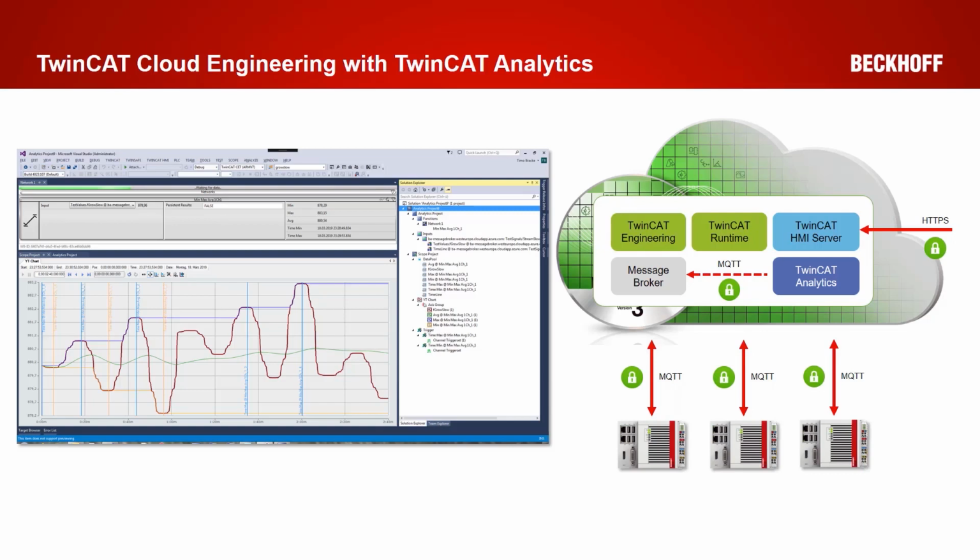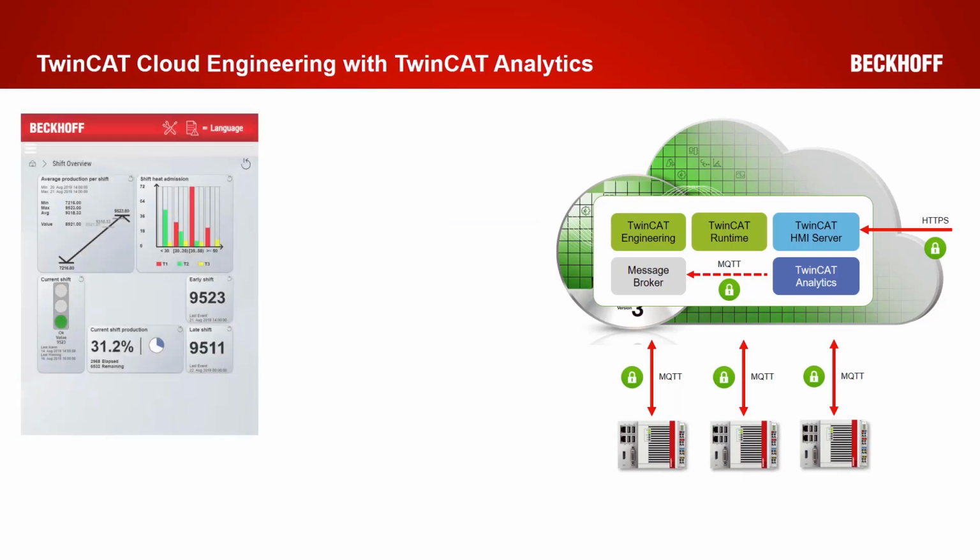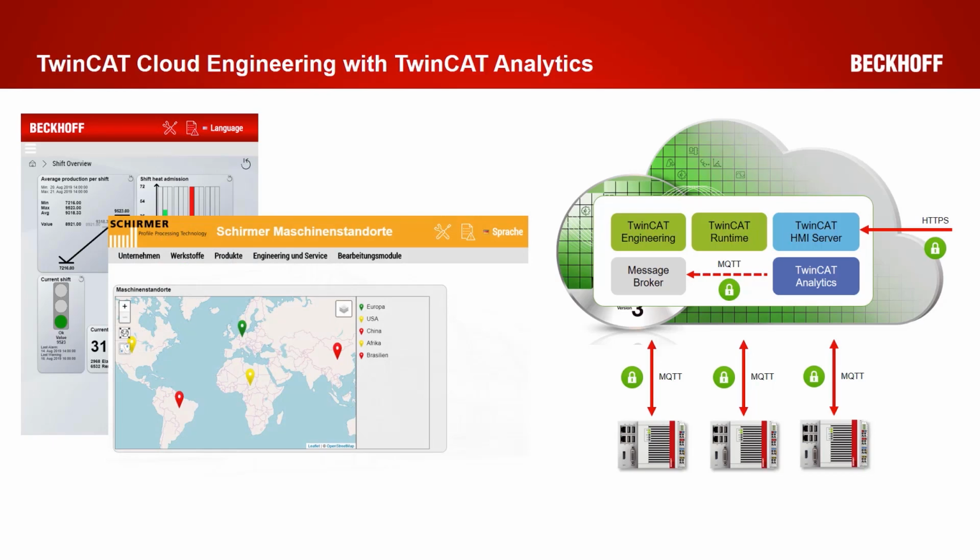You have different algorithms available where you can design your analytics network, and then you can link all the different inputs to the analytics network with data coming in from your machines via MQTT. And out of that, you can automatically create an HMI dashboard using our TwinCAT HMI. You can also customize the dashboard using your own logo or color scheme.